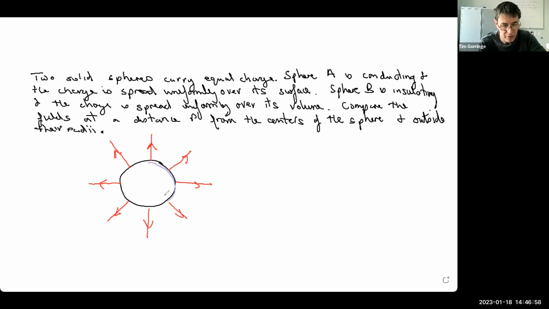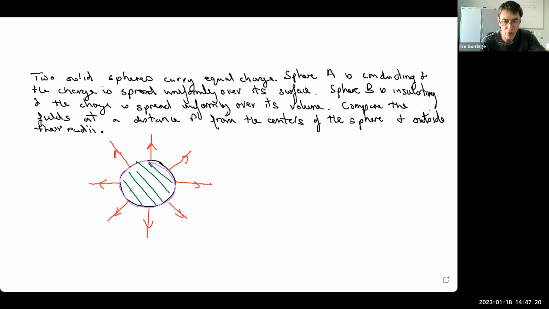In one case, there is a charge that's just located over the surface of the sphere. So this is the conductor, and the charge is in magenta. Whereas for the insulator, that charge is distributed throughout the volume of the sphere, so throughout this entire volume. So green is the insulator.